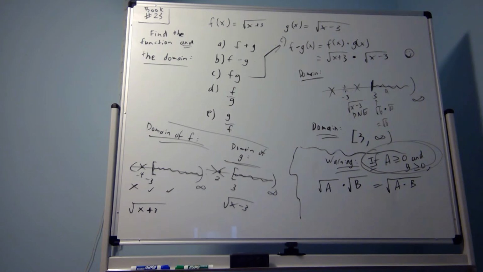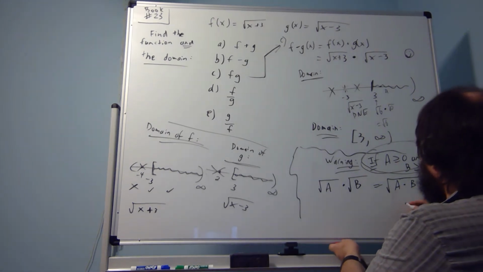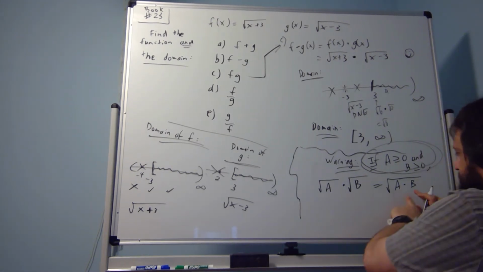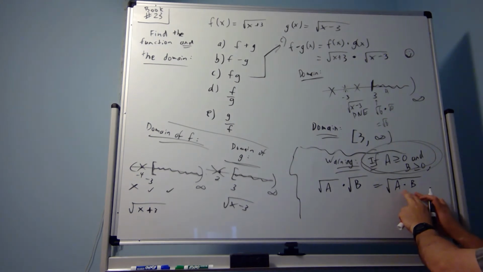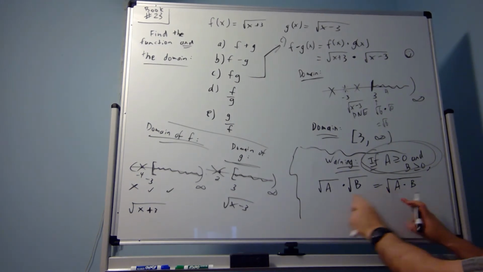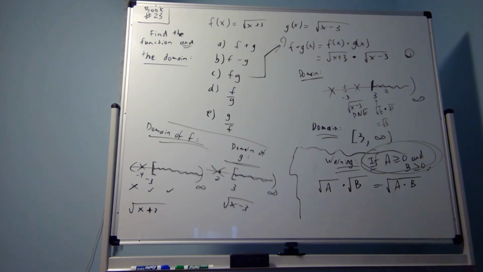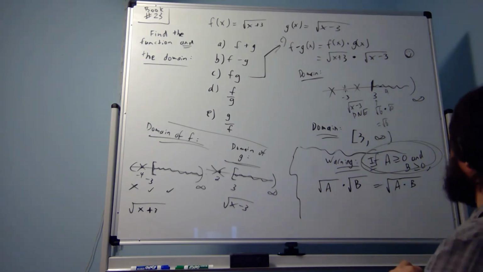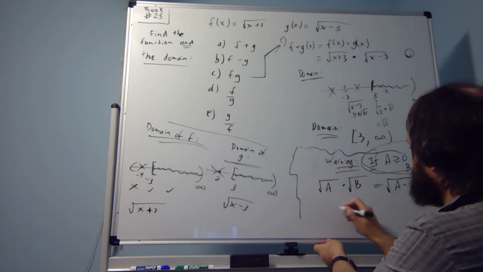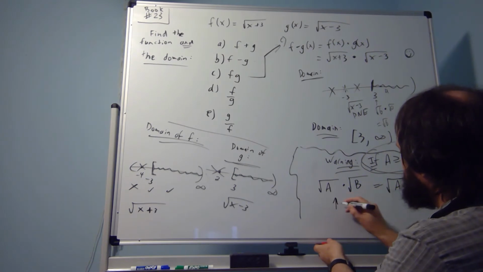Right now I only believe in real numbers. I don't believe in imaginary numbers. So this makes sense and it means something, if A and B are both negative, but the left-hand side is undefined.